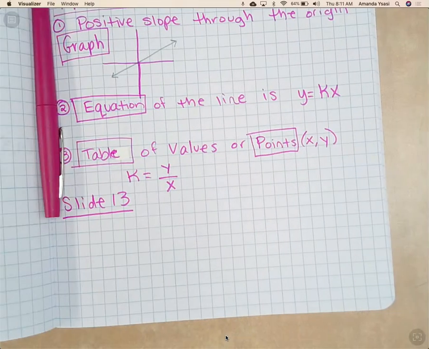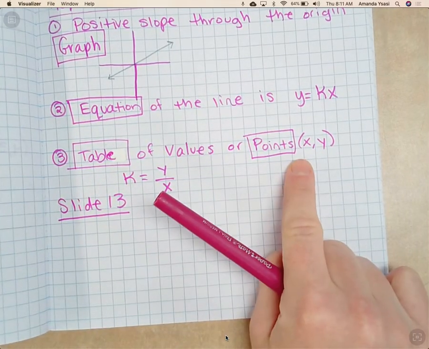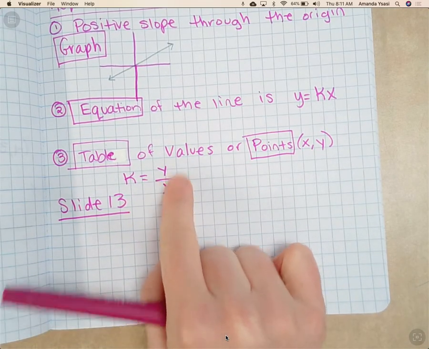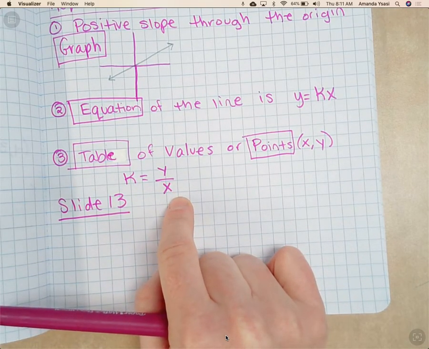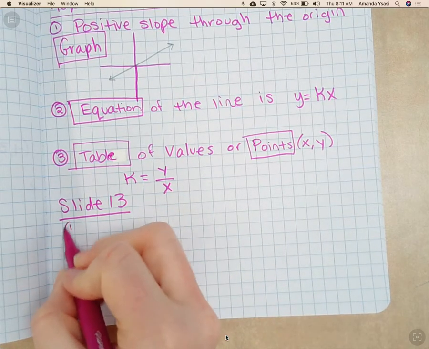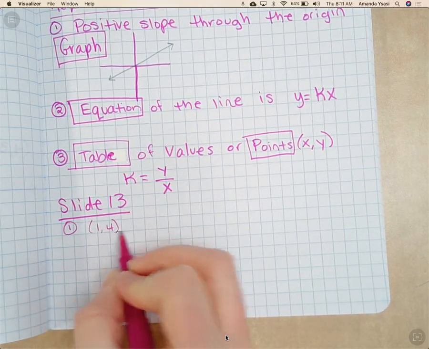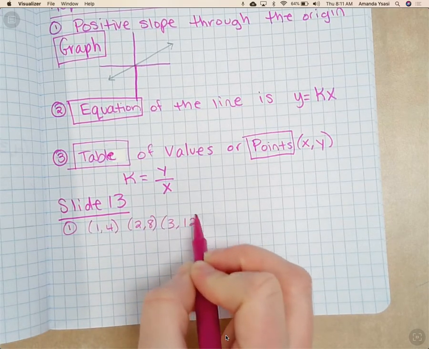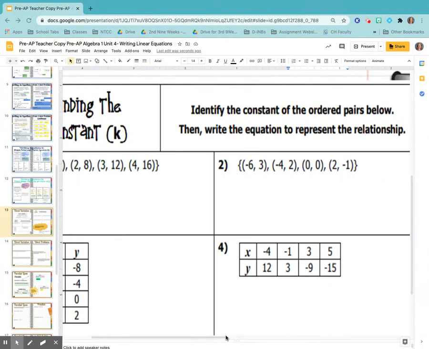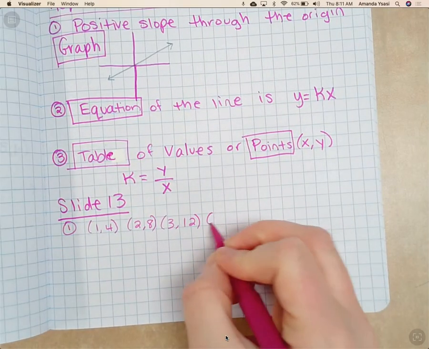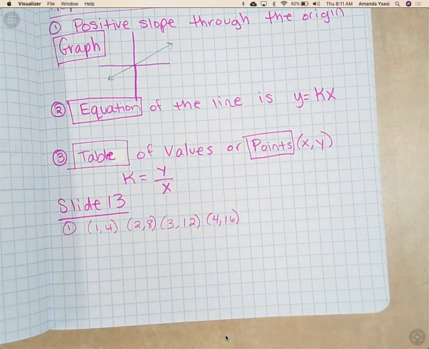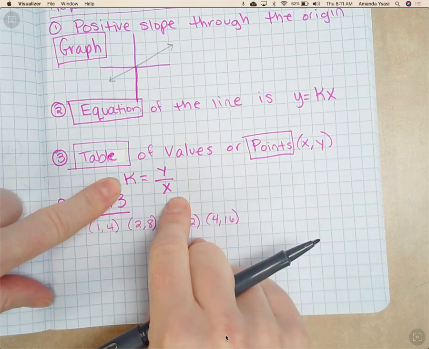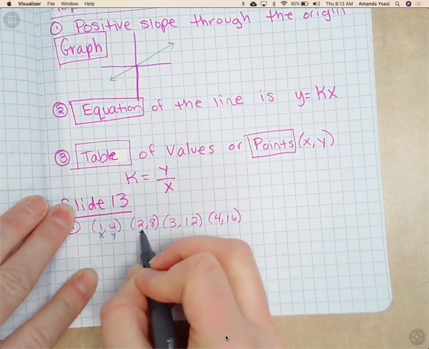So remember how we wrote from a table or points, our constant is found by doing y over x. So on that first one, we had 1, 4, 2, 8, 3, 12, and 4, 16. To find our constant of variation, we would do k equals y over x. So this is our x, this is our y.